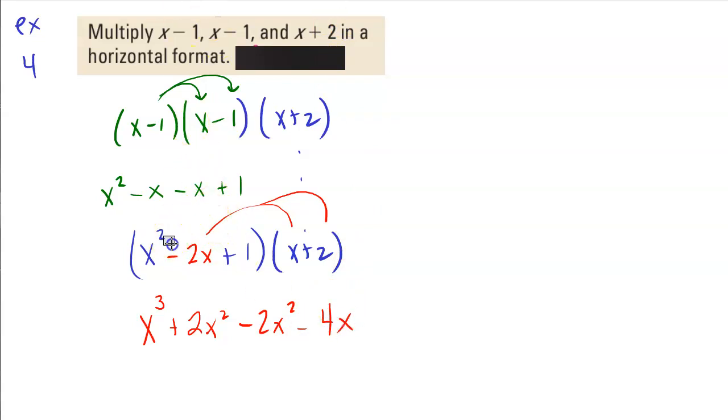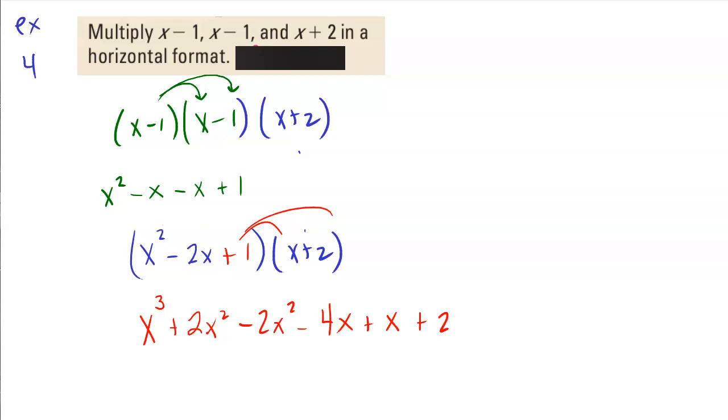Keep on going. So now we're going to do the last one. I'm going to take the 1, and I'm going to distribute the 1 to the x and also to the 2. So I'm going to have plus 1x, or just x, and then plus 2 as well.